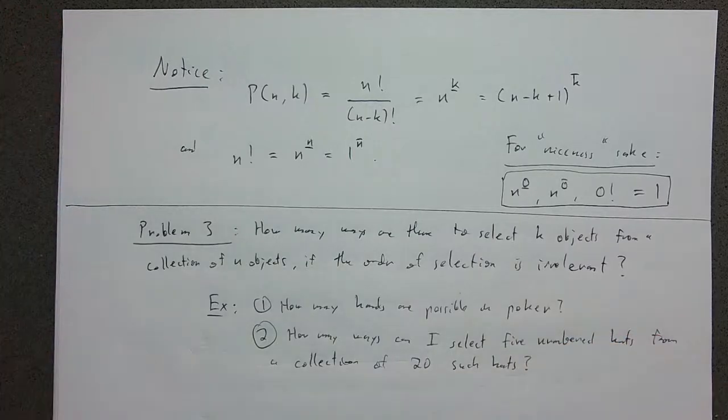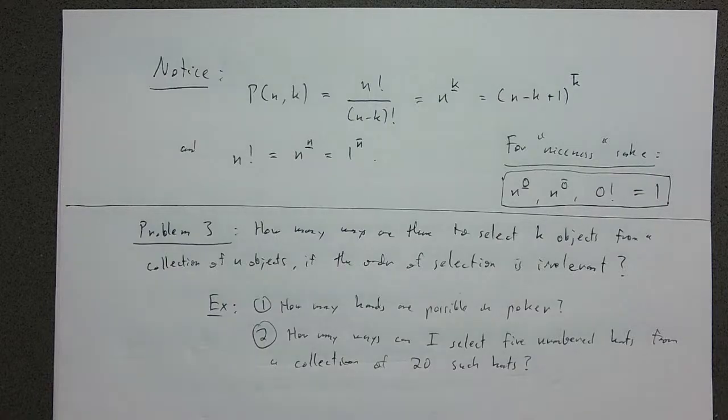So I have hats numbered, say, 1 to 20, and I'm wondering how many ways can I select 5 of those, right? How many distinct ways can I select 5 of those? Okay.